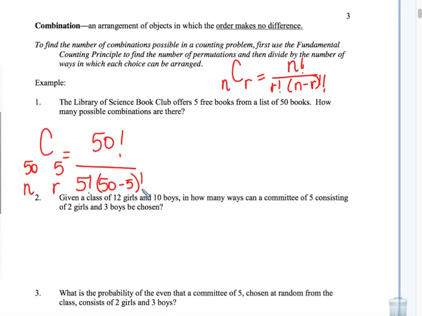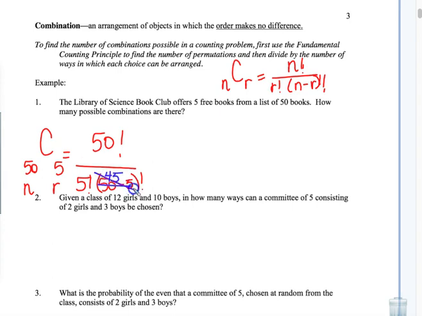Now, nobody at all wants to write out 50 factorial. So what I want you to understand is right here, this becomes 45 factorial. Up top, 50 factorial is 50 times 49 times 48 times 47 and so forth. The 45 factorial is 45 times 44 times 43. What will happen is 45 down is all going to cancel top and bottom.